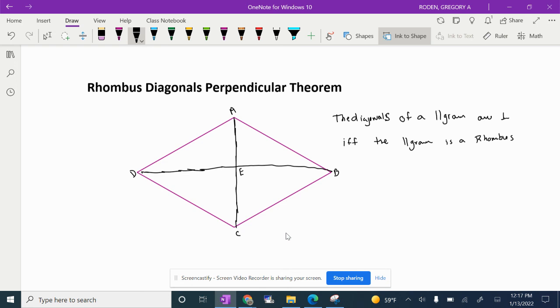Okay? So here's what it's saying. The diagonals of a parallelogram are perpendicular if and only if the parallelogram is a rhombus.